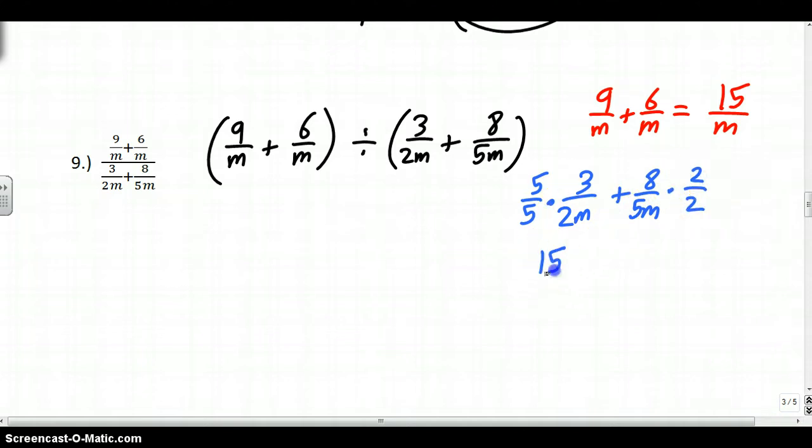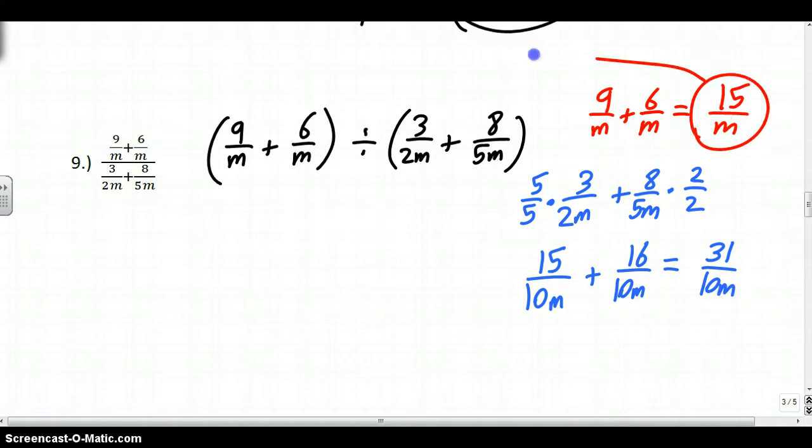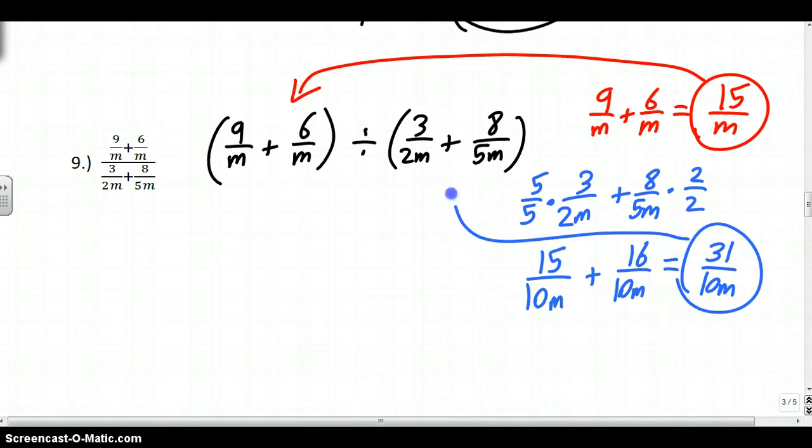So this now becomes 15 over 10m plus 16 over 10m, which gives you a grand total of 31 over 10m. So, this is now your numerator, and this is now your denominator. We're just replacing things. So now it becomes 15 over m divided by 31 over 10m.